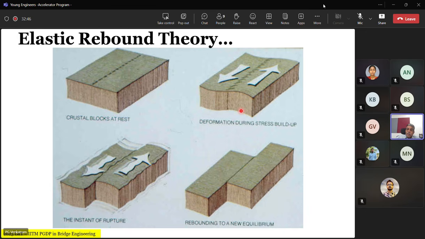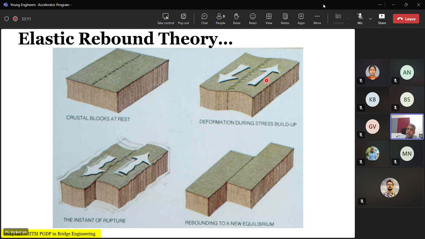So as the plate moves, there is a buildup of stresses or strain energy, whichever way you want to look at it. There's a buildup of this energy, and there is a certain capacity for these joints to resist that stress buildup. So there is no relative movement.